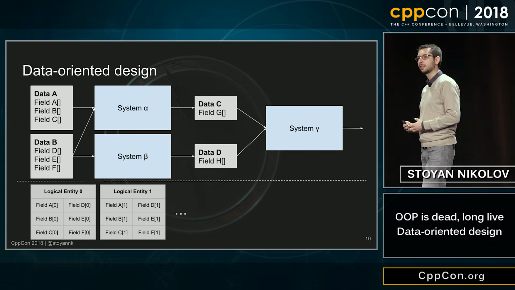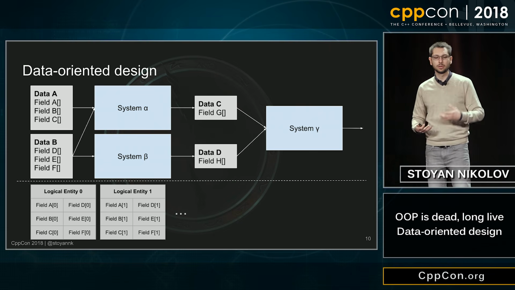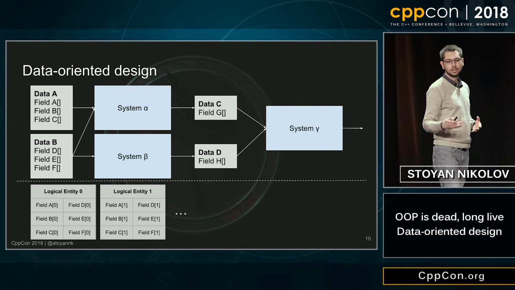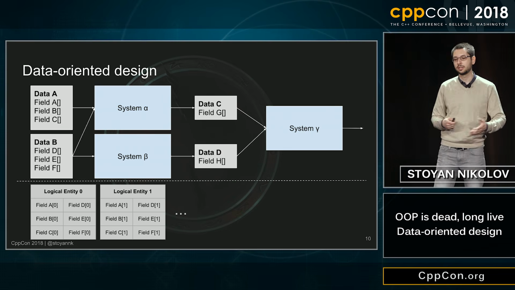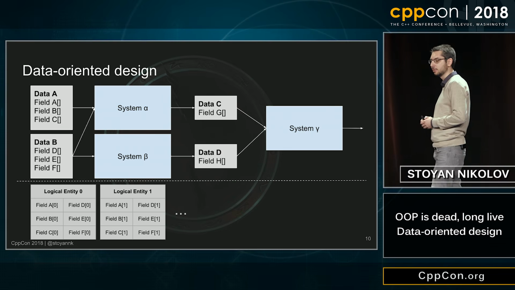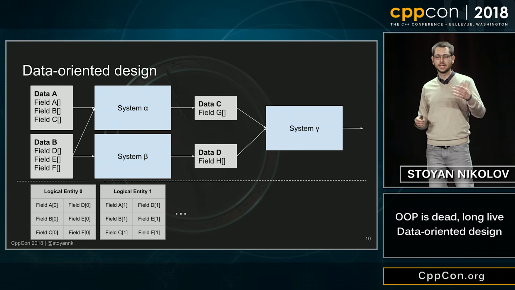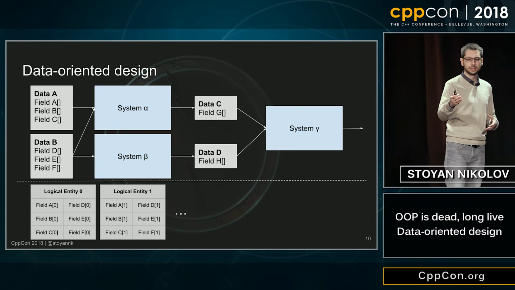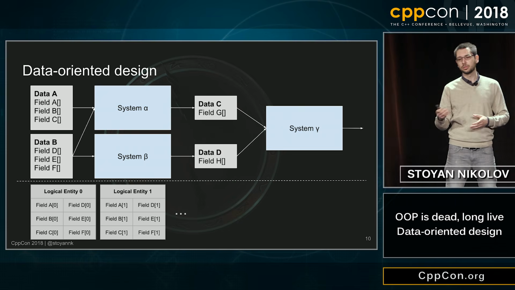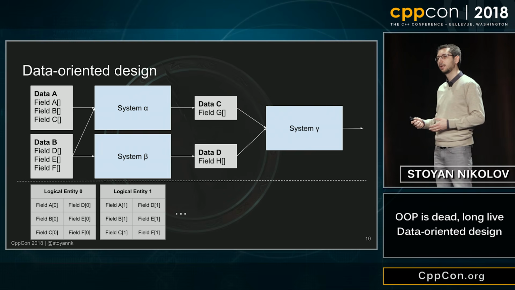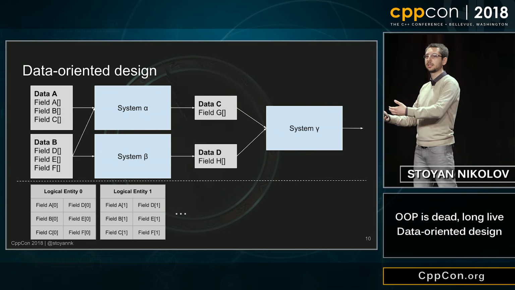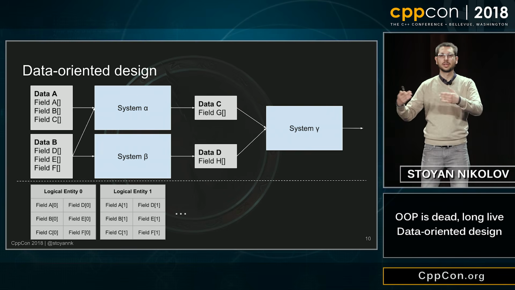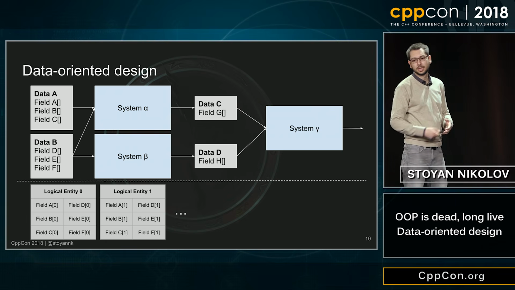We separate the data according to its usage. So we might have data A with fields A to C that is used in system alpha. We get data B with fields D to F. We use that in alpha and in beta. And we transform that data to a new collection that is used down the pipeline.